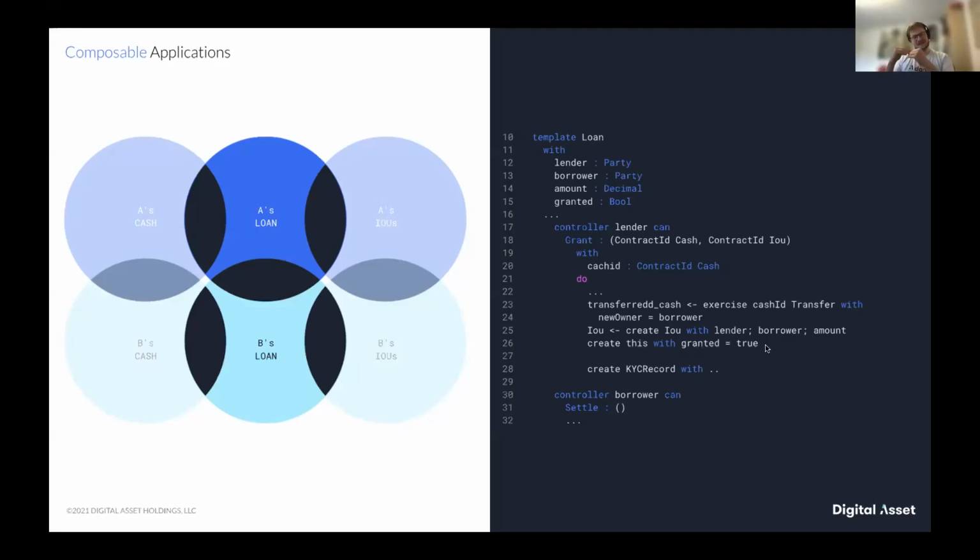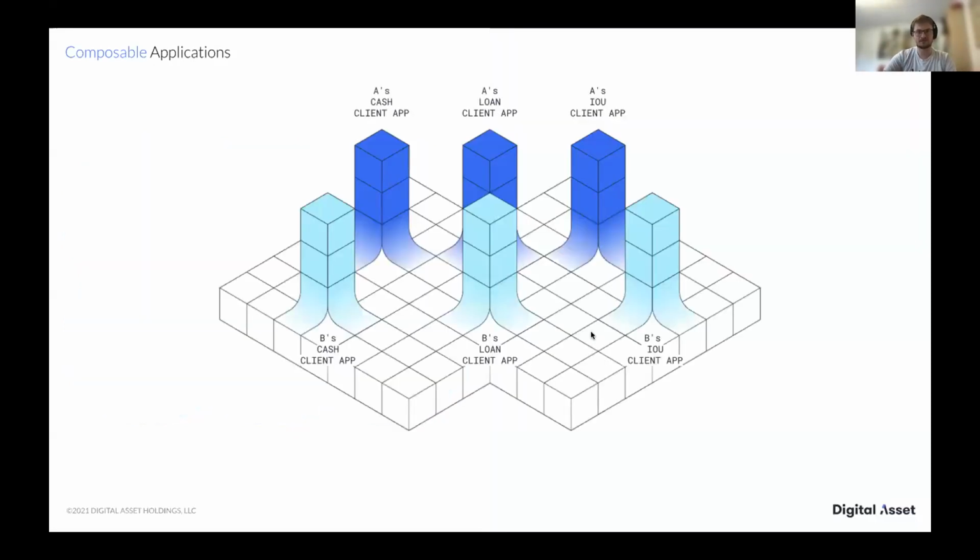And this is where the atomicity of this composition really comes in. We can guarantee that whenever a loan is granted, the transfer and the IOU happen together or not at all. And that is where the synchronization comes in. We can now guarantee that the IOUs and the cash used in loans always have both sides on ledger.